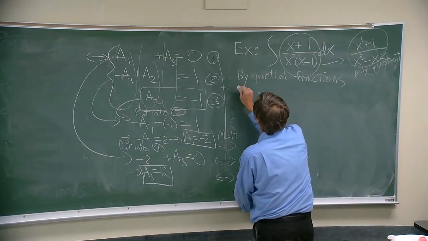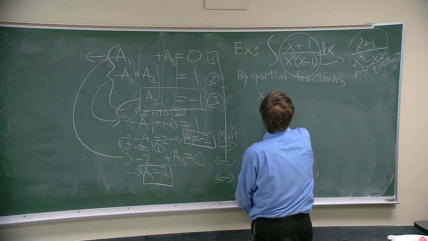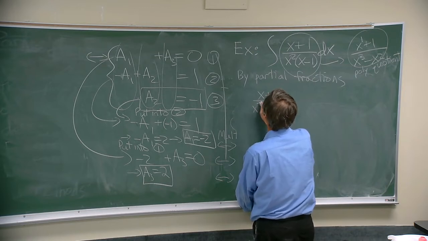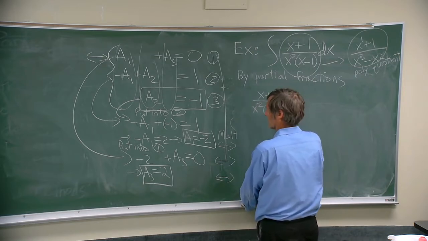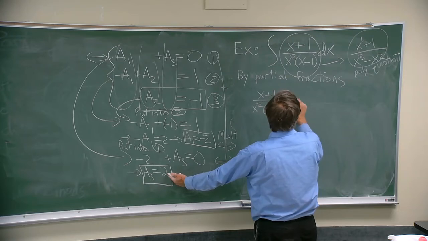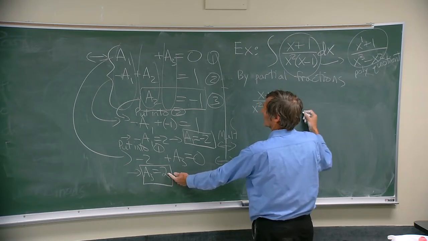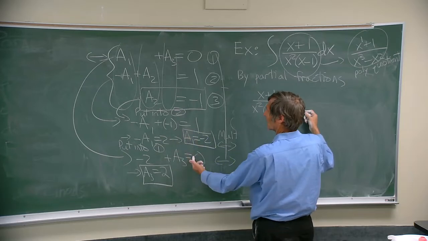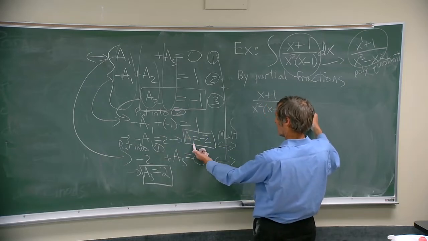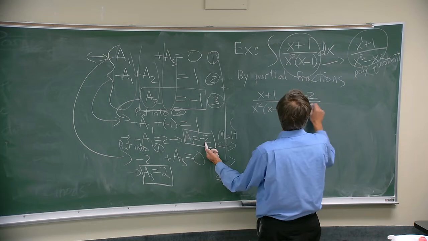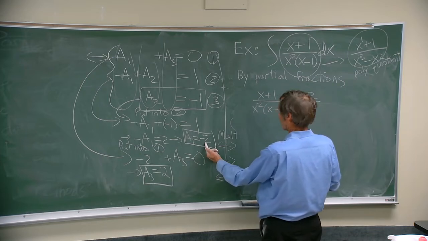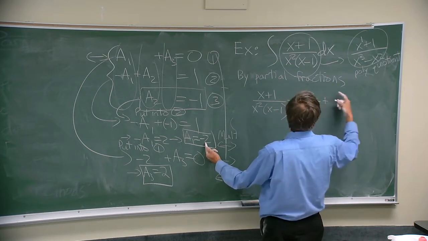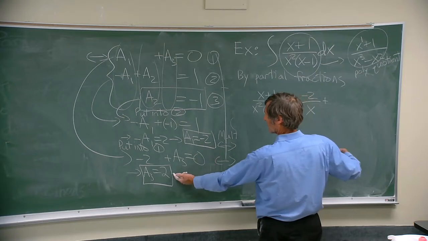I can say, therefore, by partial fractions, our original integrand, x plus 1 over x squared times x minus 1, can be written completely equivalently as A1 over x. We have, and A1 is, where was it?